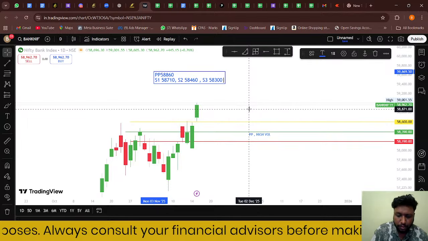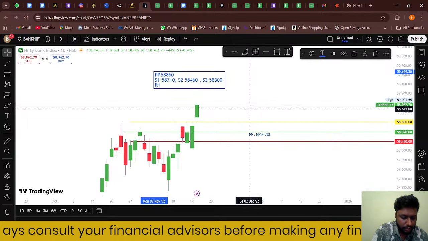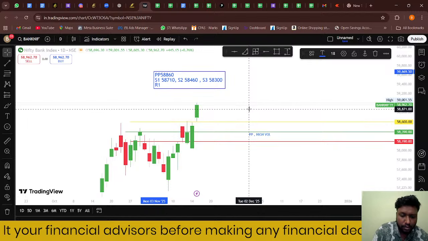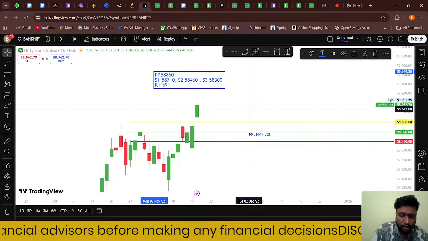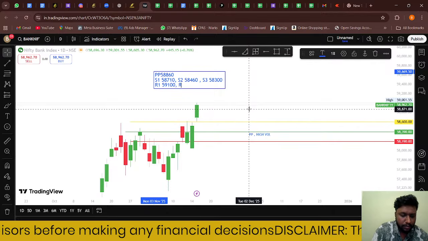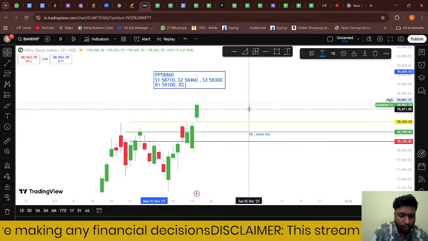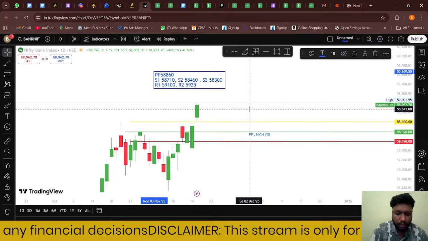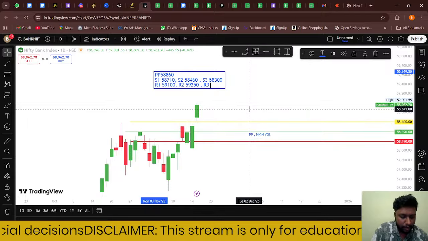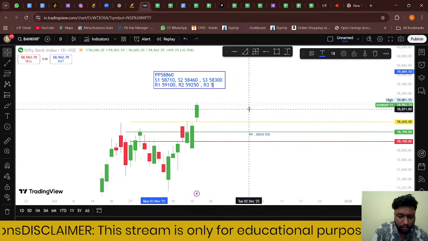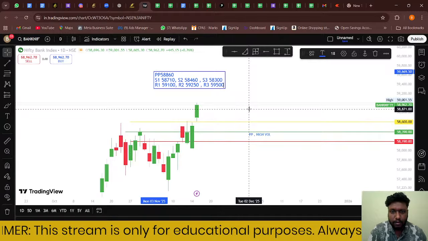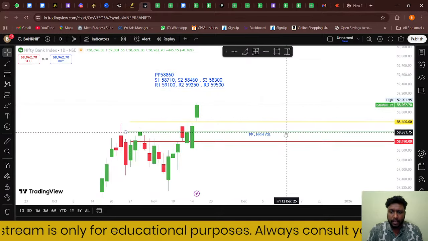These are the three supports for Bank Nifty. Resistance one we can consider 59,100, R2 at 59,250, sorry, and R3 will be at 59,500. So these are the three levels for Bank Nifty.